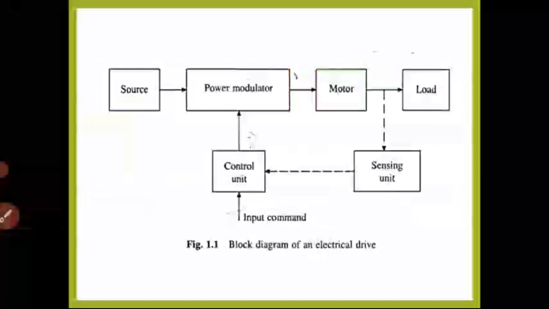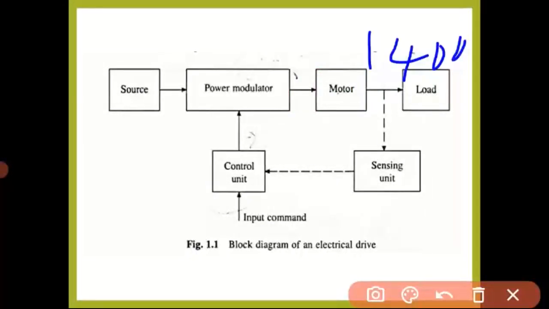So here I will take a pen. Now take one general example. I want to keep the speed constant irrespective of load. As we know, if you put the load, the speed drops, right? So irrespective of load, I am going to keep it constant.